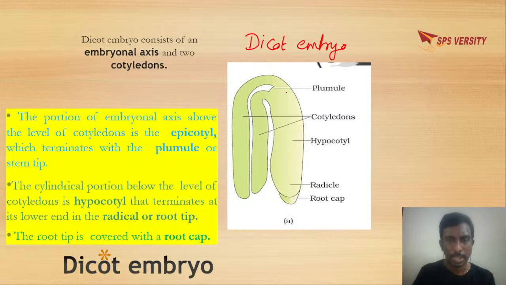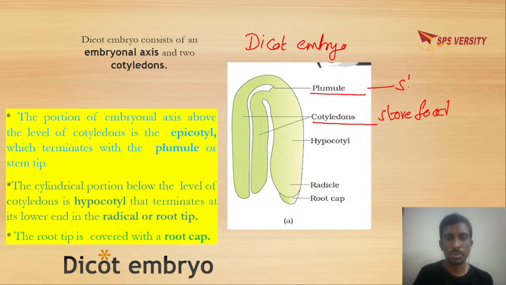In this dicot embryo, these two are cotyledons, which will store food materials, that is cotyledon 1 and cotyledon 2. The part present between these two cotyledons is the plumule, which gives rise to the shoot system. And the base, that is the radicle, gives rise to the root system, which is covered by a protective structure called the root cap.